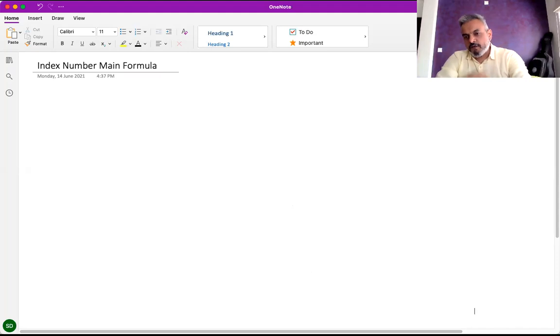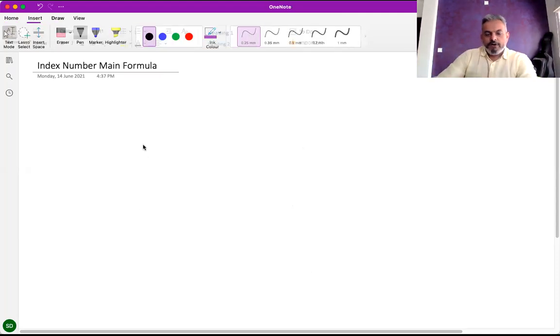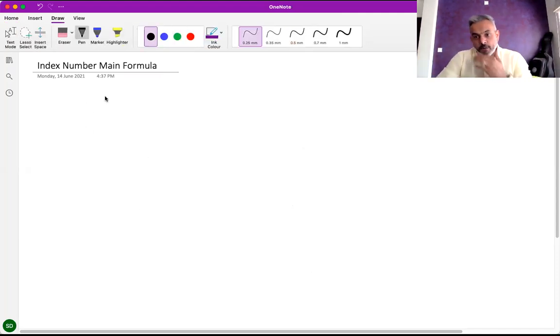Now, let's understand. So far, we have seen index number as only comparison of price of current year with reference to price of base year. But now we are going to see index number where we also take into account quantity.